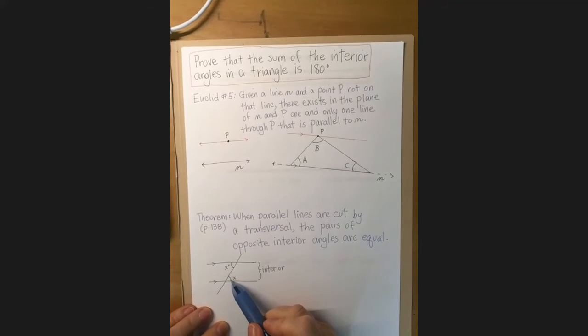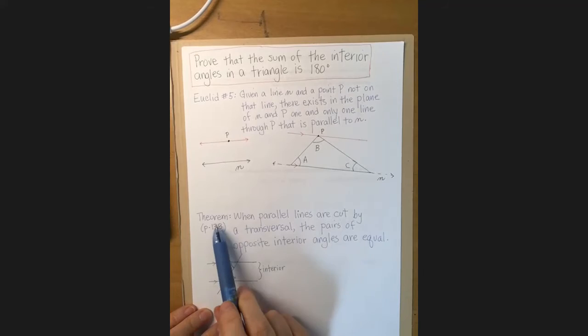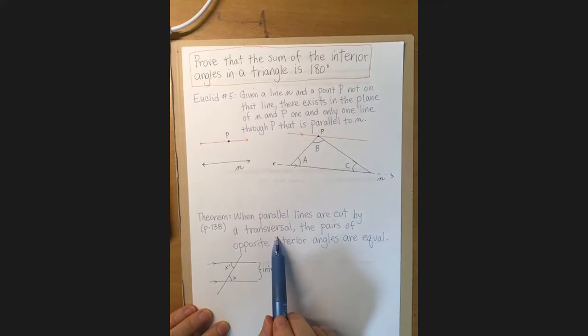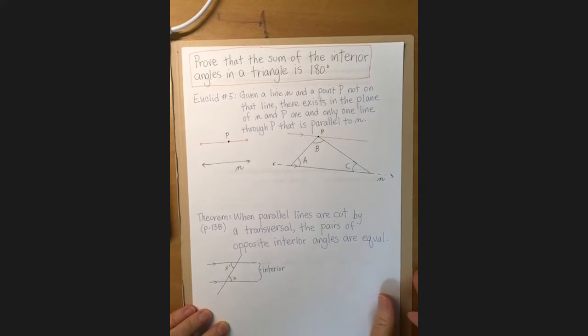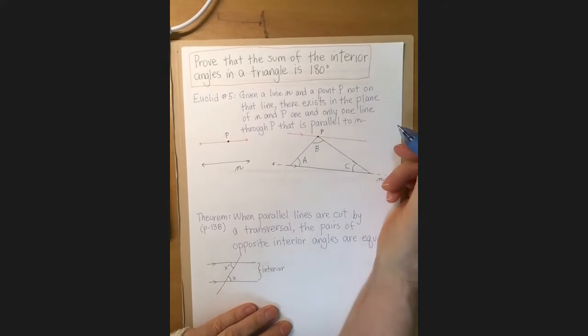So X was the angle we started with, and the one on the other side of the transversal and connected to the other parallel line, the opposite parallel line, is an opposite interior angle. And according to this theorem, when parallel lines are cut by a transversal, the pairs of opposite interior angles are equal. Let's apply this to our diagram of the triangle.